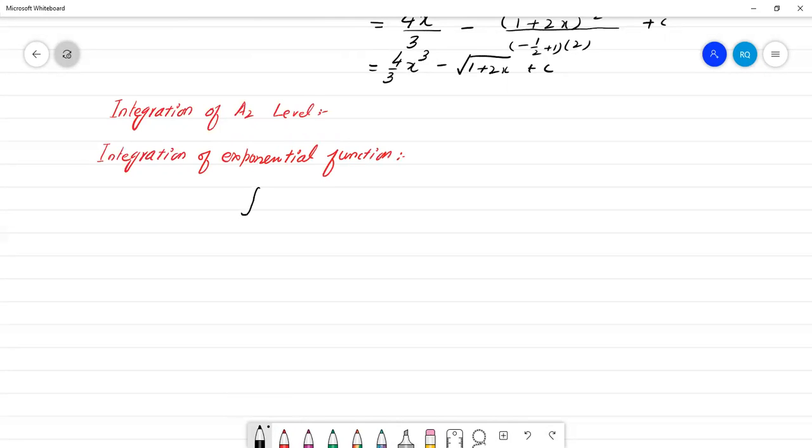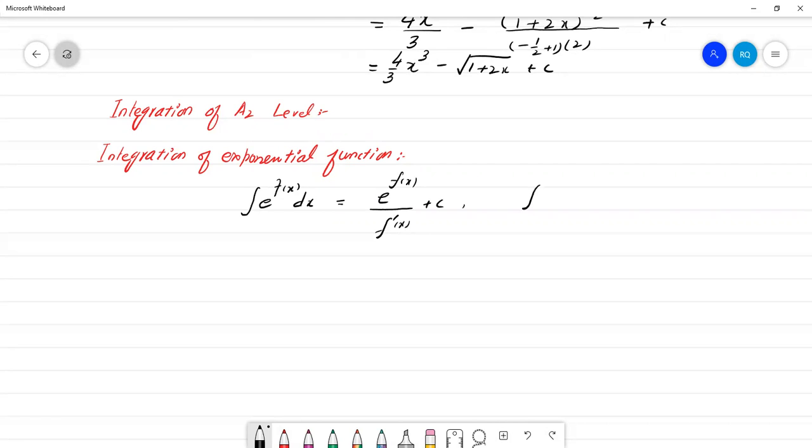The integral of e raised to power f of x dx is equal to e raised to power f of x over f dash of x plus c.